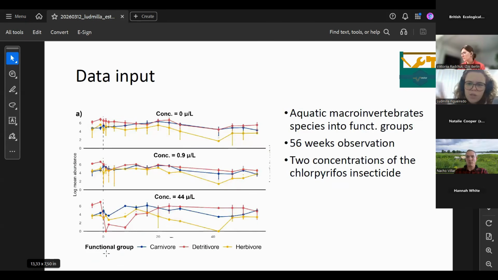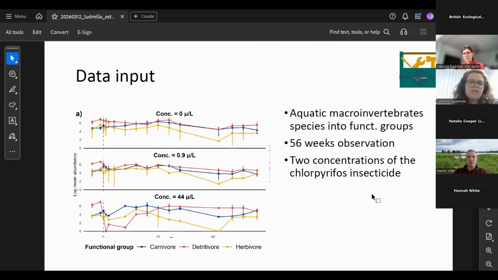And I'm going to show you here how it looks when you apply the function to a data set. And this is the data set we use in the paper. It's basically a mesocosm experiment where we had 128 species of aquatic microinvertebrates, and we split them into functional groups just to make it easier to analyze.